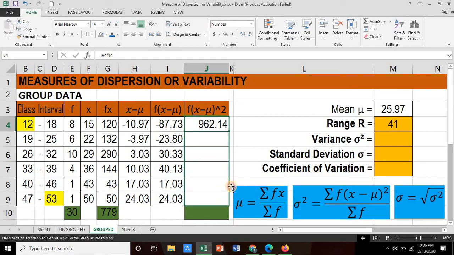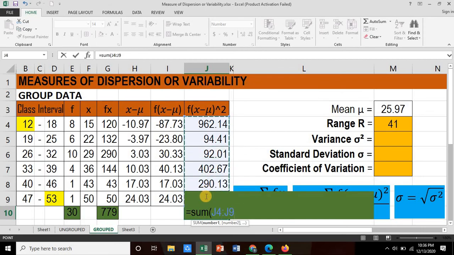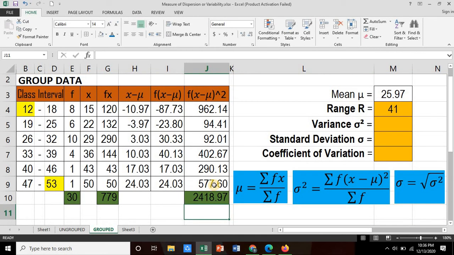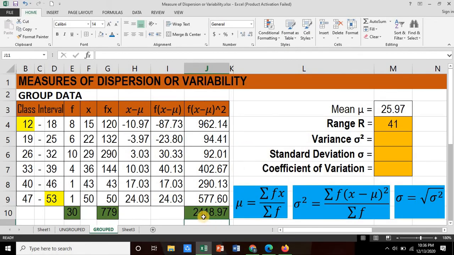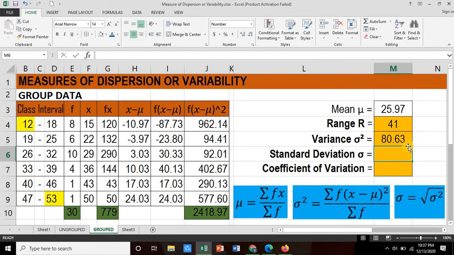Copy the formula or simply drag, and the summation of this column would be equals SUM, open parenthesis, and highlight these 6 values, press enter, and you have a value of 2418.97. Now the variance equals the summation of this value divided by the summation of f, 30. That is now equal to 80.63. That is now our variance.